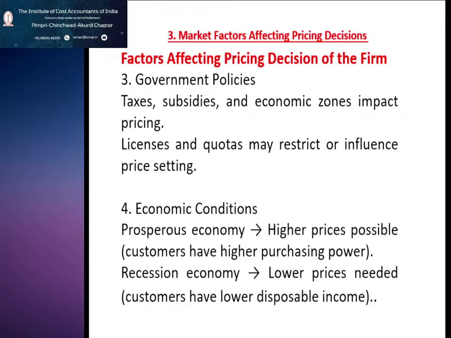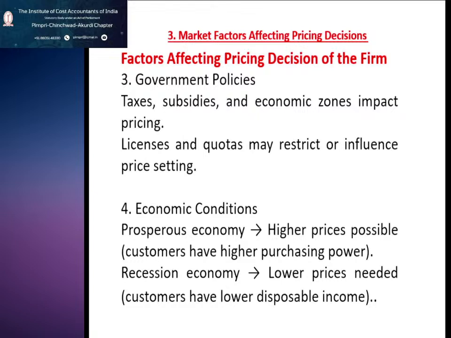Those may at times restrict or influence the price setting. So the regulatory cost in a way also impacts the pricing decision. A classic example is the telecom sector, because a lot of regulatory fees and regulatory cost is involved in the telecom sector, and hence the pricing is impacted by the government policies that are being implemented for the telecom sector.